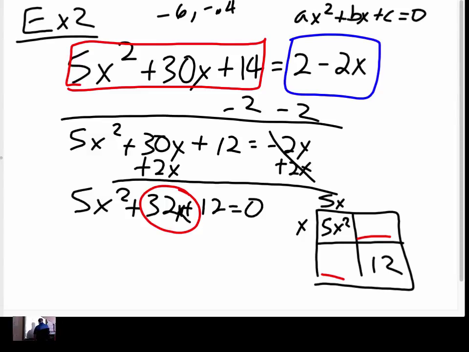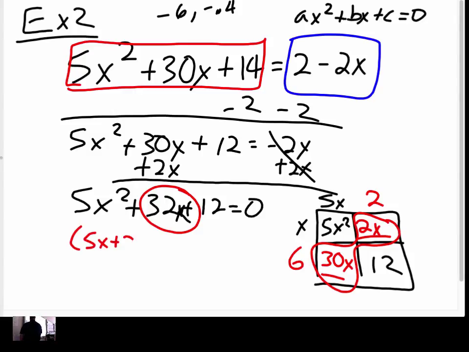If I put a 6 here and a 2 here, doesn't that give me 12? What's 6 times 5x? 30x. What's 2 times x? 2x. Does that add up to 32x? Yes. So the factor of this is going to be 5x plus 2 times the quantity x plus 6. All that's equal to 0.